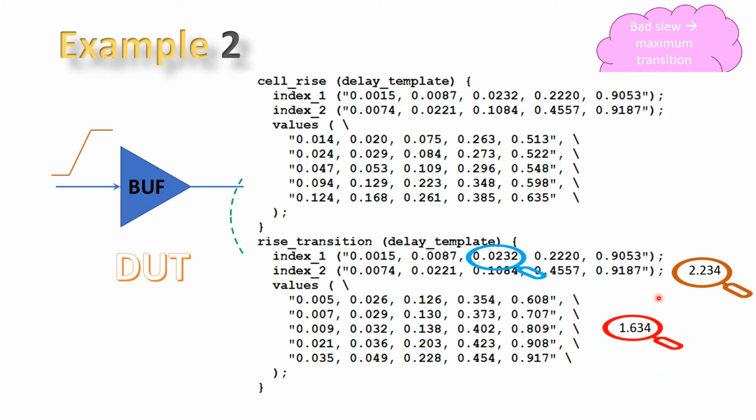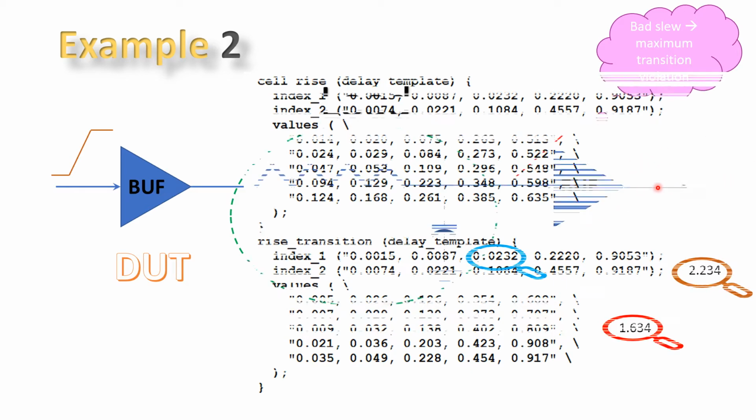Because of this, the output slew seen at this point is also very high. That means it has also crossed this line. Here 1, 2, 3 and here 1, 2, 3, but the slew here is way higher. Since this is high, in the succeeding stages of the sink cell it will also go higher, and the delay computed will also be bad in the case of the sink cell.